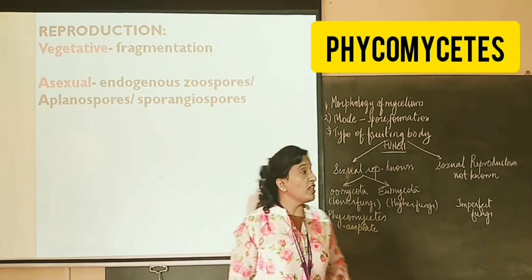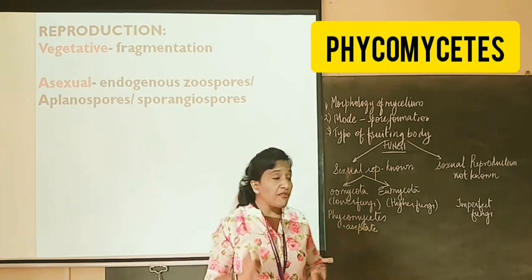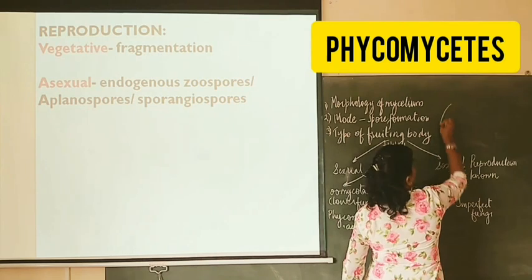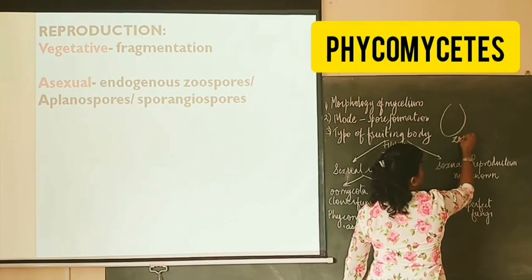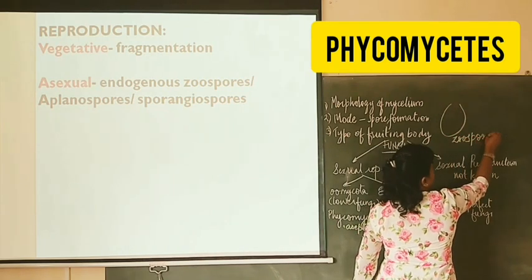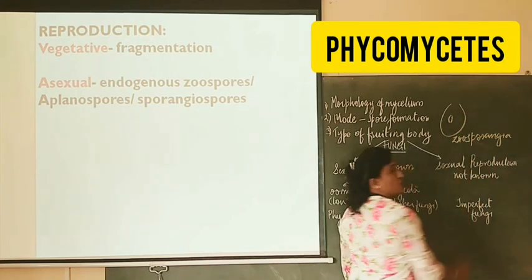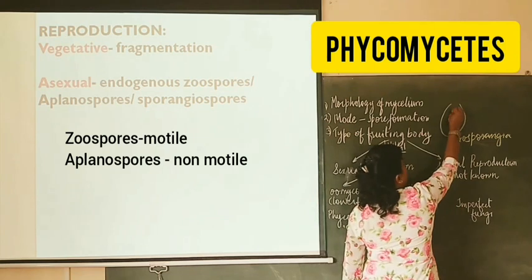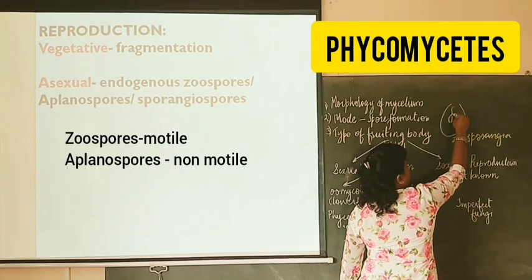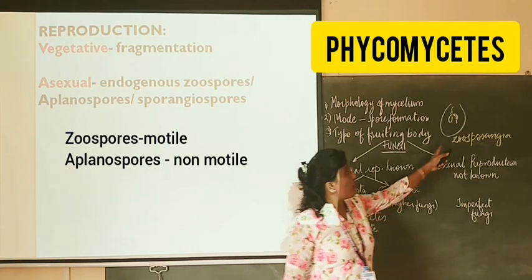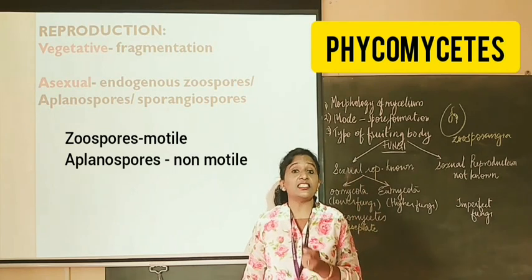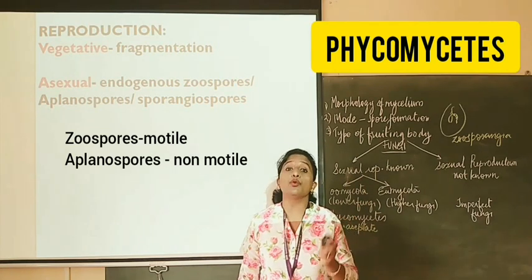We should recall that zoospores are formed in the fruiting body called zoosporangia, wherein the zoospores are formed and they are flagellated. Aplanospores are also formed in zoosporangia, but these aplanospores are non-motile.